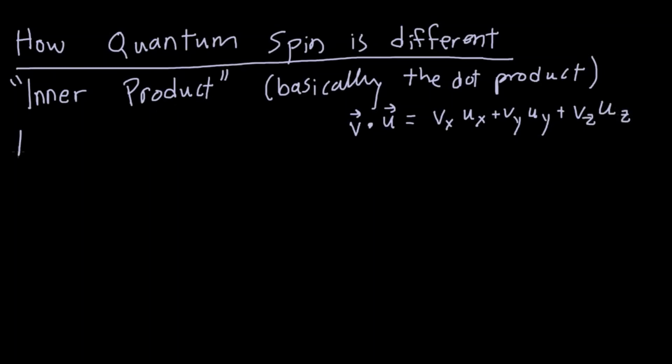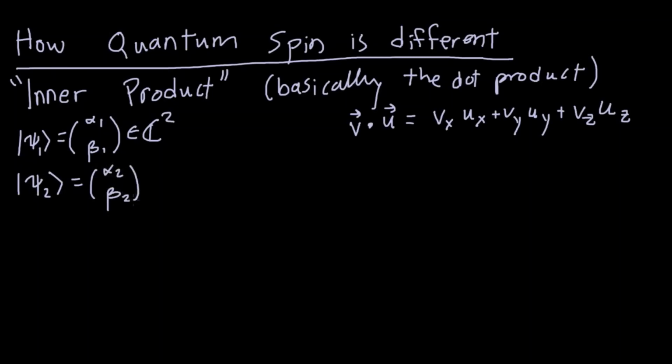Now, let's say you were to have psi1, which has components alpha 1 and beta 1, and is an element of C2, and psi2, which has components alpha 2 and beta 2, and is also an element of C2.